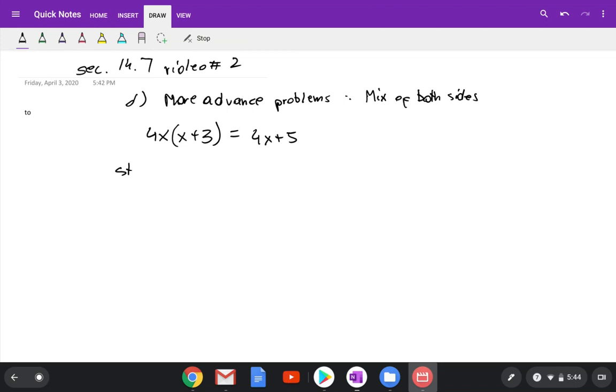So step 1, simplify the left side using the distribution property.